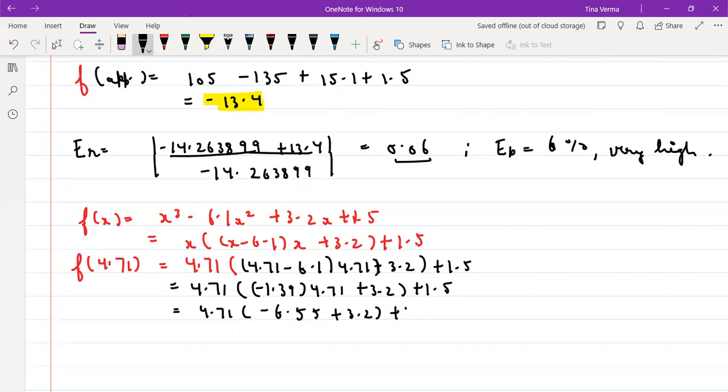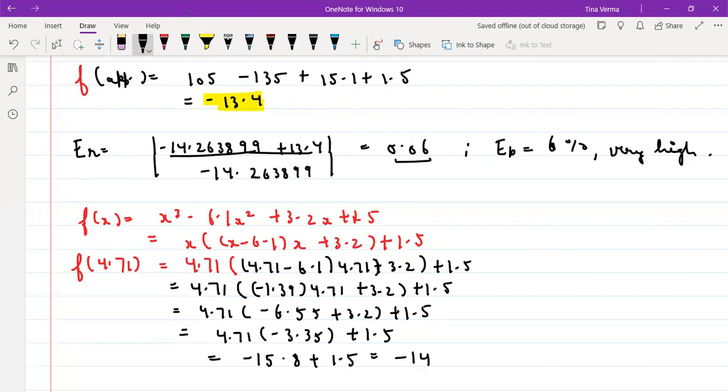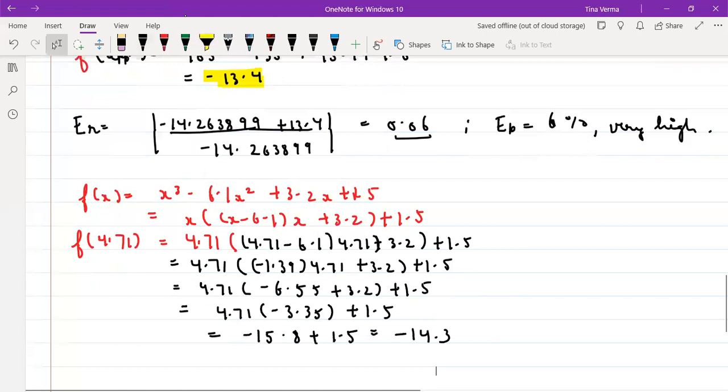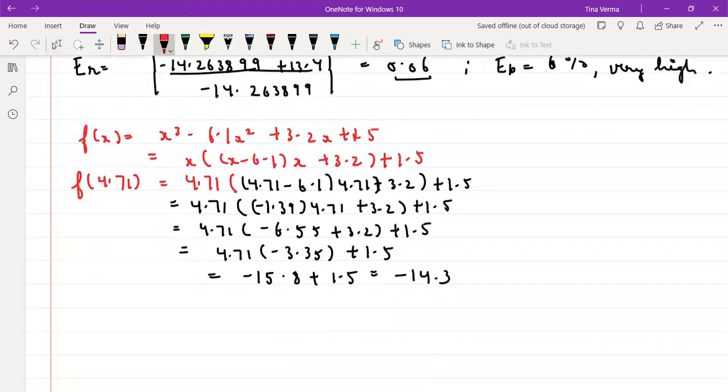You have to do rounding at each and every step. So this is minus 3.35 plus 1.5. If you solve this, your answer is minus 15.8 plus 1.5, and now you got the answer as minus 14.3.